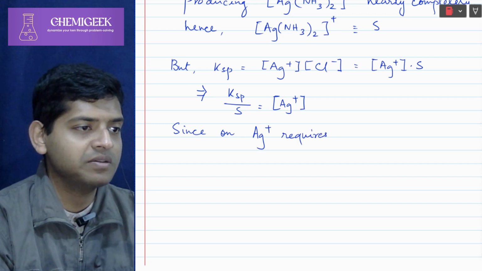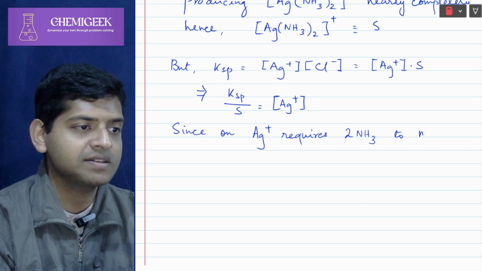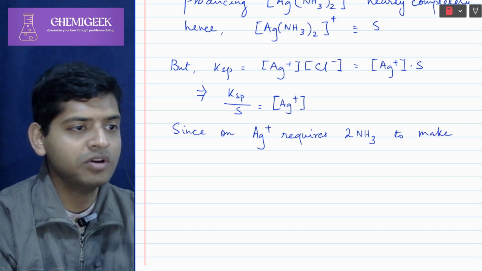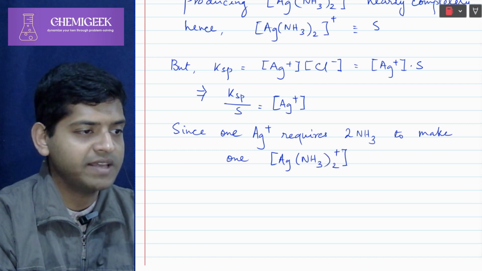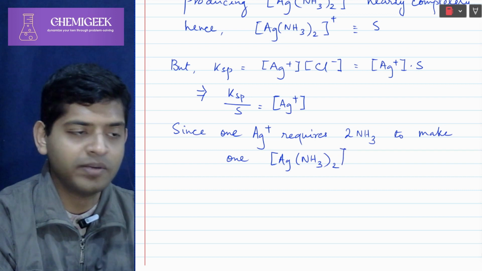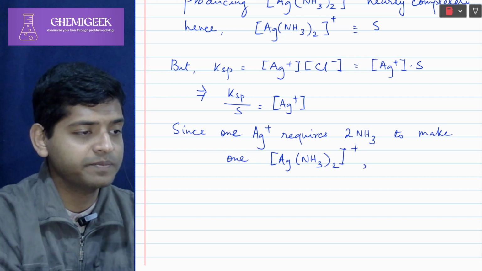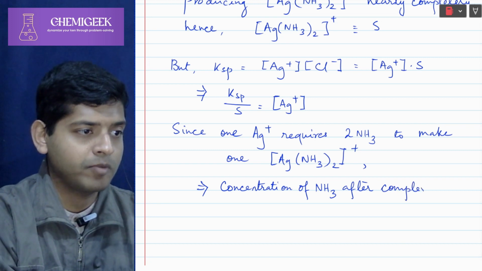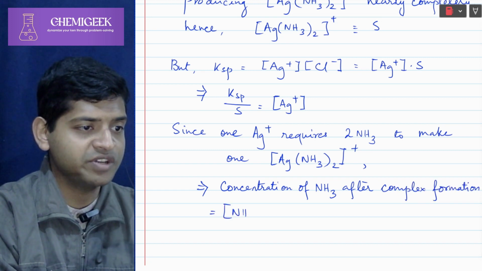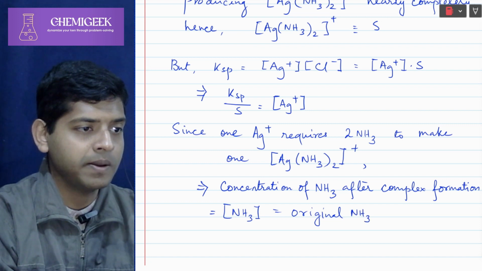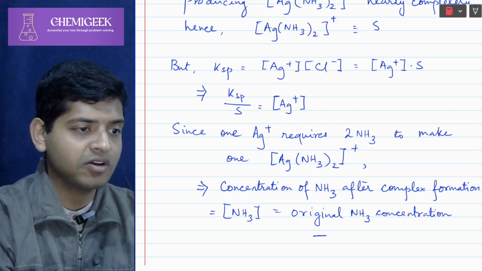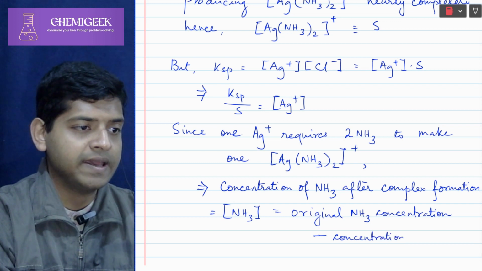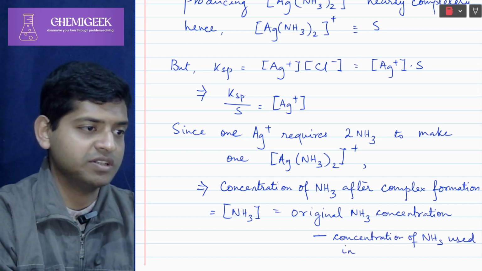Now, since one silver ion requires 2 ammonia molecules to make one silver amine complex, this implies that the concentration of ammonia after complex formation is equal to the original concentration of ammonia minus the concentration of ammonia used in the silver amine complex formation.